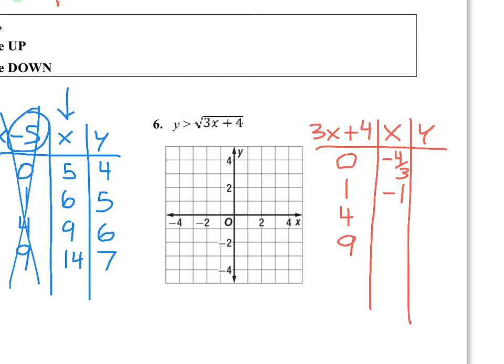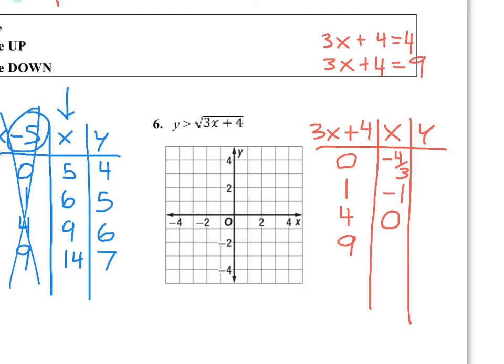Alright. If x was 0, 3x plus 4 would equal 4. So basically I'm just solving this. And now I have to solve this equation.